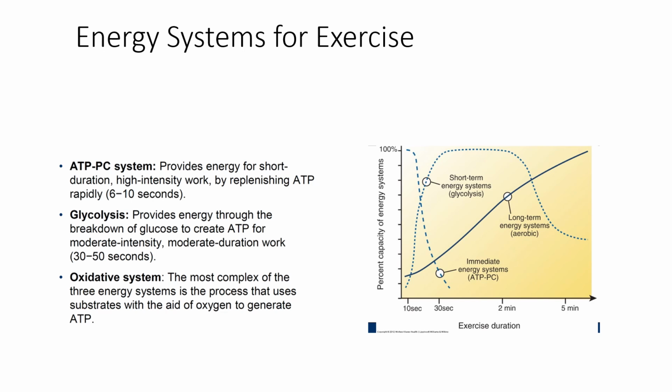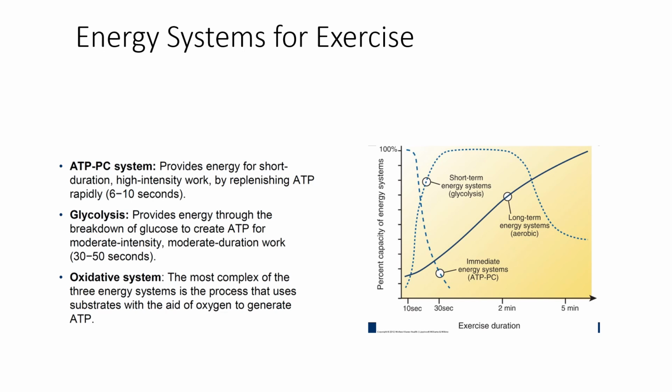Additionally, fat stored in adipose tissue and muscle can be oxidized to produce ATP through a process called beta oxidation. The aerobic system is efficient but slower in generating ATP compared to the immediate and anaerobic systems. Activities such as long-distance running, cycling, swimming, and endurance events primarily rely on the aerobic system.